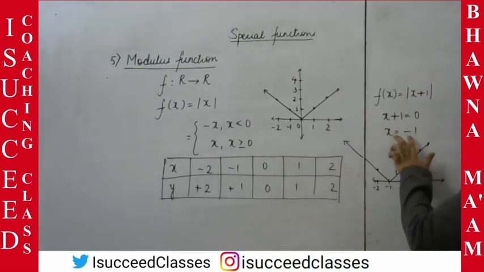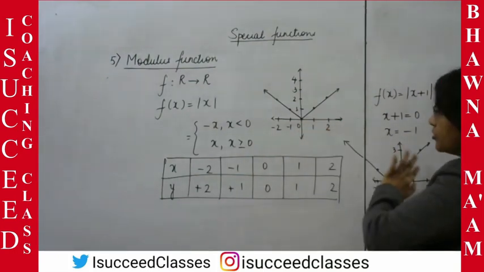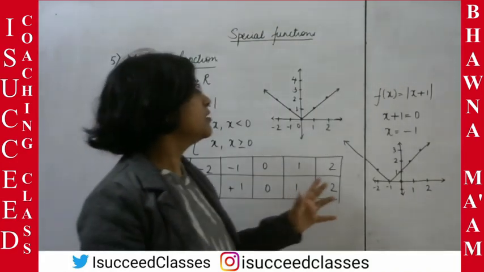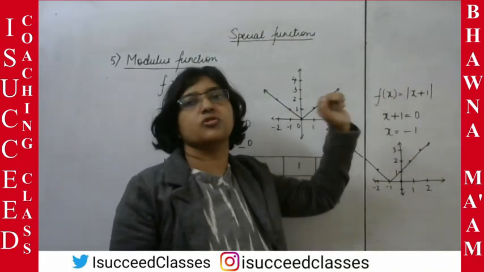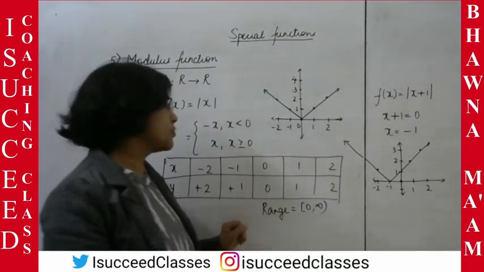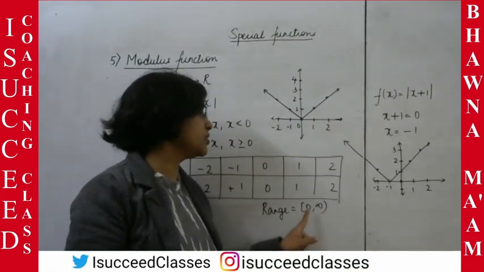So it is the point where it is going to become 0, where the vertex is similar to this one, just shifted. So that is the modulus function. For different modulus functions, you will get different graphs, but yes, the range is always going to be non-negative real numbers, that is the interval [0, infinity).